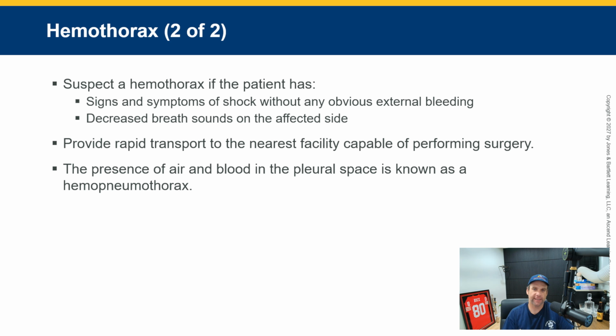Now, you should really suspect a hemothorax when a patient's chest trauma starts developing signs of shock, again, without any type of external bleeding. It's really important when the patient's breath sounds are also diminished on one side. Now, the injury may follow a blunt trauma or penetrating trauma, and really several structures may be bleeding all at once. So, unlike external hemorrhaging, bleeding into that pleural space cannot usually be controlled in the pre-hospital setting.